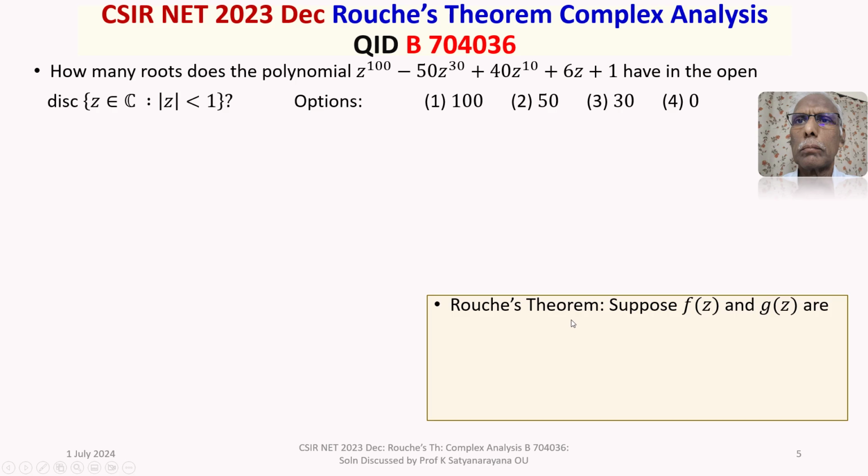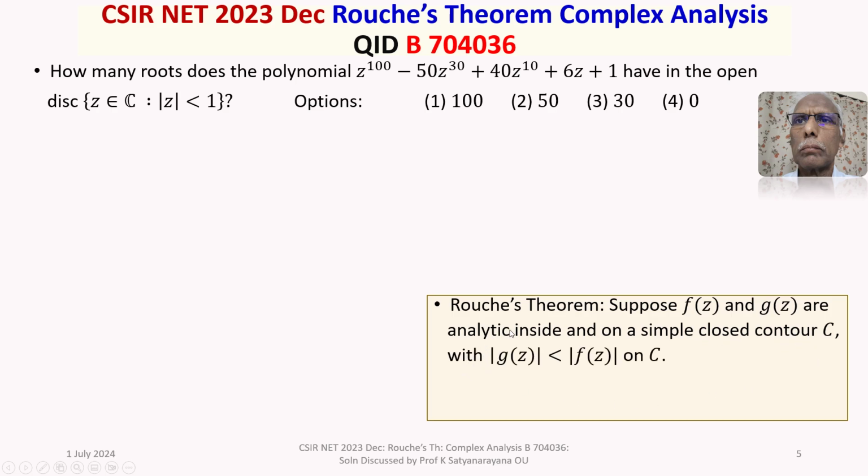It states that suppose f of z and g of z are analytic inside and on a simple closed contour C with modulus of g of z strictly less than modulus of f of z on the closed contour C, then the conclusion is f of z plus g of z has the same number of zeros as f of z inside C. It talks about only the number, but not the zeros themselves.